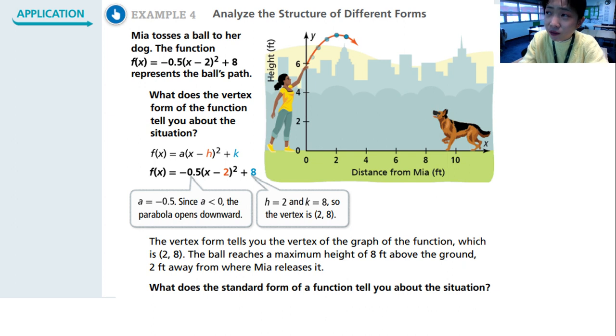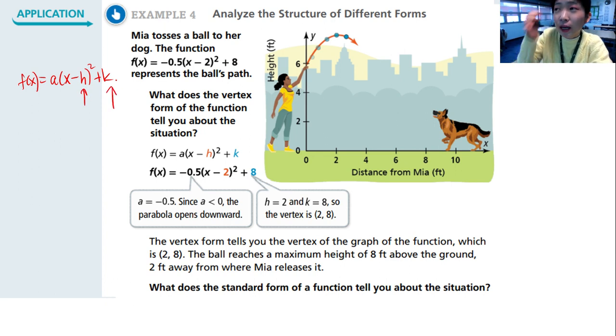Now we have the vertex form, right? Do you remember the vertex form? f of x equals a times x minus h squared plus k. You can directly see the vertex, right? That's why it's called the vertex form. So you see that h is 2 and k is 8. So you know the vertex is 2, 8 right away. And a is negative, which means your parabola is facing downwards.